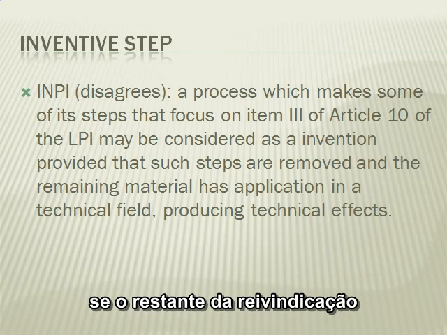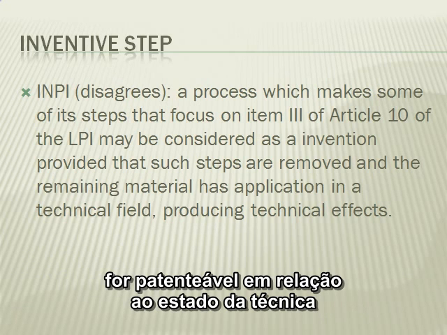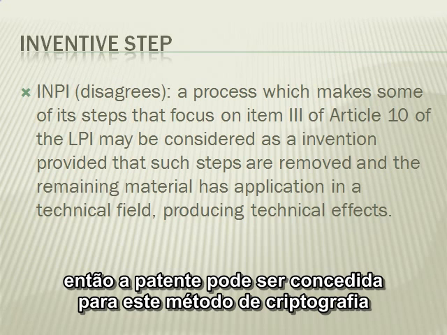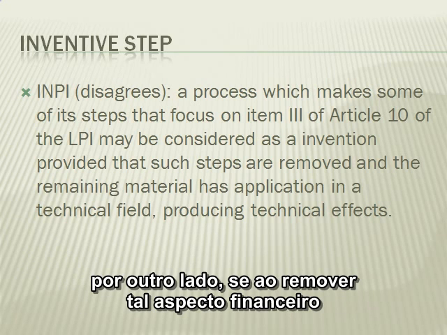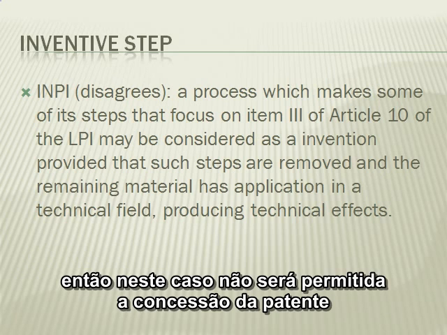If the remainder of the claim that deals with the encryption method is patentable in relation to prior art, okay, you can receive your patent only for such encryption method. Otherwise, when you delete such financial aspects and the claim does not make sense, it is not allowed to grant a patent.